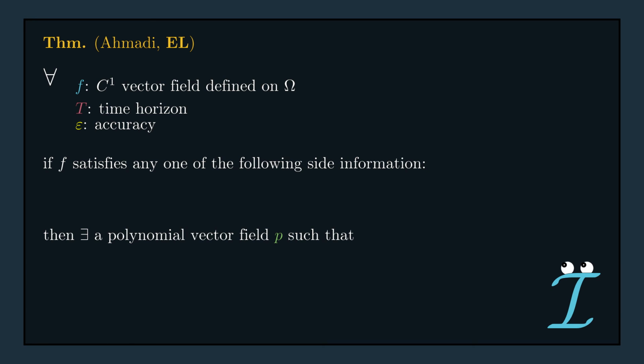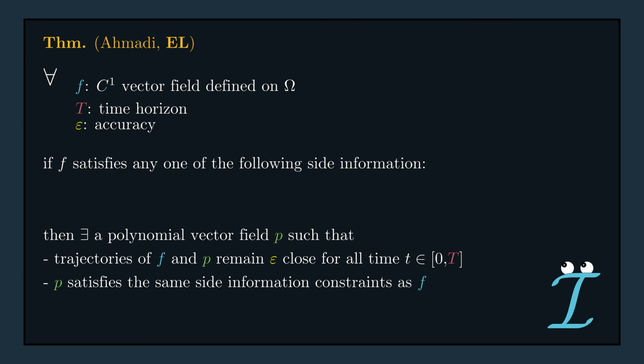Then there exists a polynomial vector field P, such that trajectories of f and P remain within epsilon distance of each other for all times t between 0 and capital T. And the polynomial vector field P satisfies the same side information constraint that f is known to satisfy.